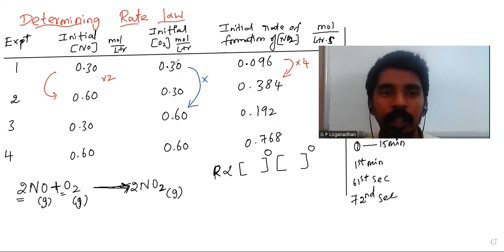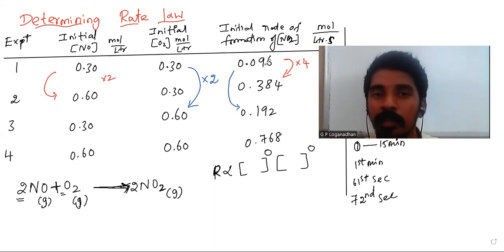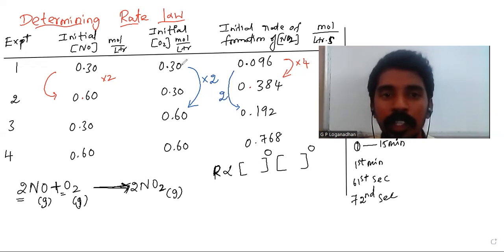It means that compared to the first experiment, you are taking 2 times the concentration of O2. Now you observe the change in the rate of the reaction. 0.096 multiplied by 2 is 0.192. So when the concentration of O2 is increased by 2 times, the rate of formation of NO2 is also increasing by 2 times.